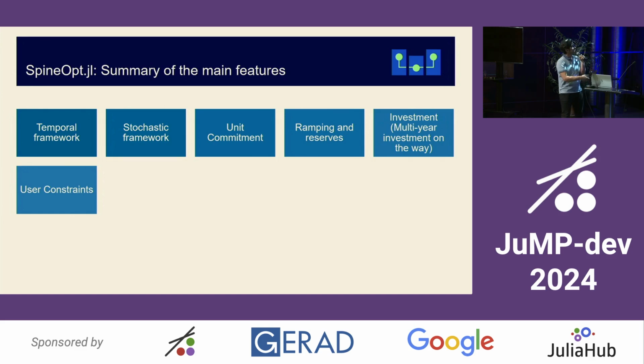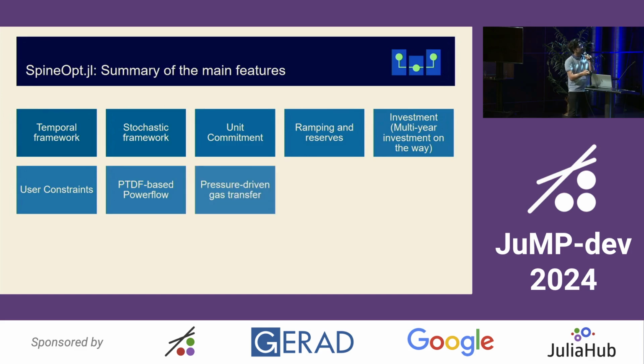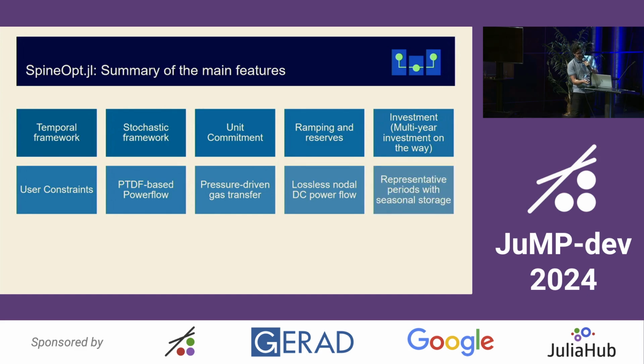It also has the nice feature of user constraints, so you can define your own constraints in the model if there is a constraint that you want to test. Also, we have PTDF-based power flow, pressure-driven gas transfer, DCOPF, representative periods with seasonal storage. Again, we have MGA, also the same stuff that we are doing in Tulipa.